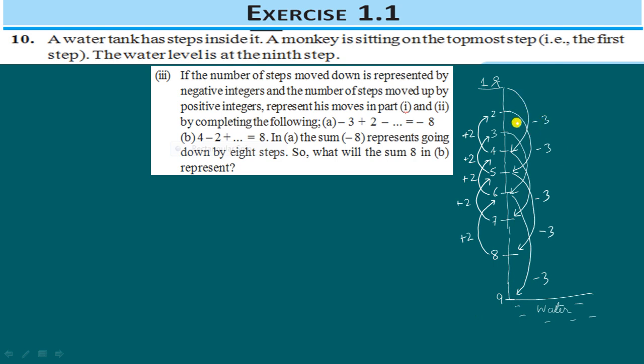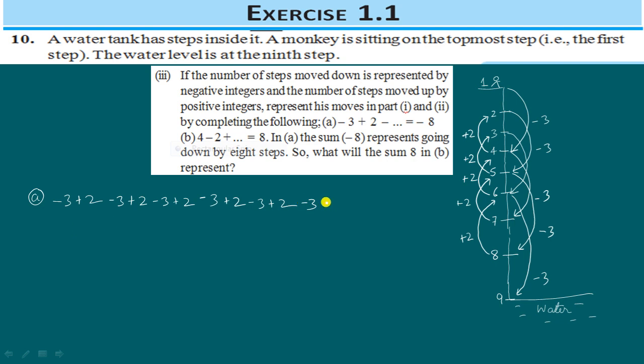Now in part A we get minus 3 plus 2, again minus 3 plus 2, minus 3 plus 2, minus 3 plus 2, minus 3 plus 2, counting 1, 2, 3, 4, 5, 6, 7, 8, 9, 10 and 11.